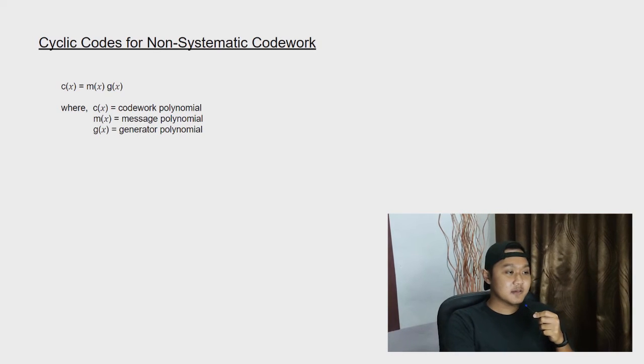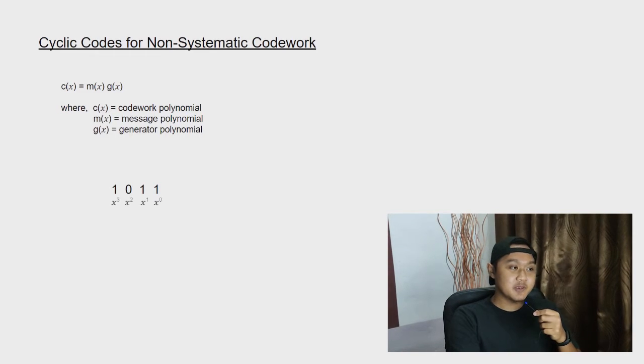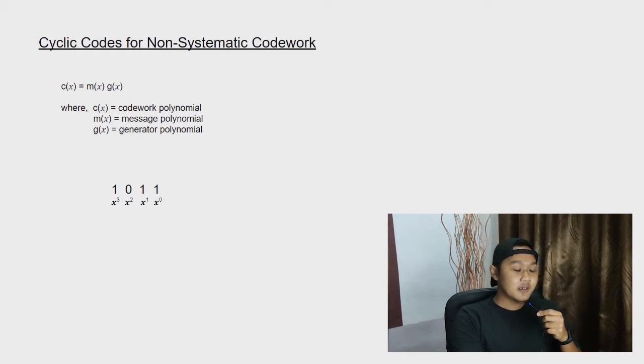Okay, here's an example for the code that we are given. Okay, the code is 1011. The first 1 is the same as x to the power of 0, and this is x to the power of 1, 0 is x to the power of 2, and 1 is x to the power of 3.